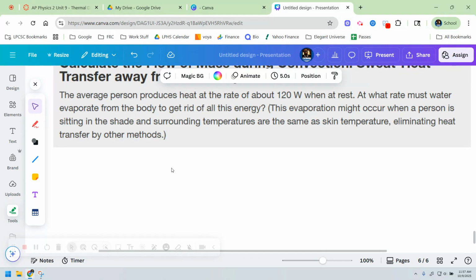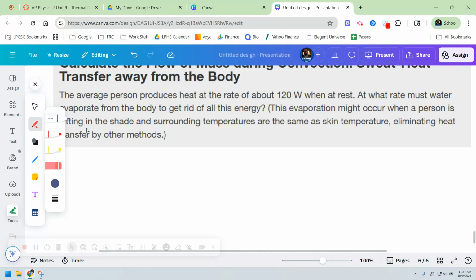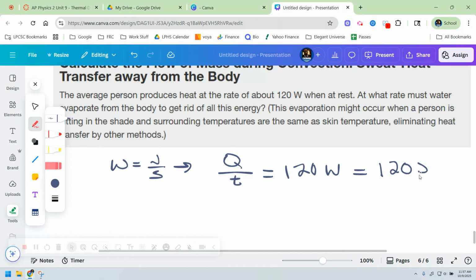Well, they give us wattage. So from there, remember that a watt is just energy, joules per second. And when we talk about heat transfer, it's going to be heat energy over time, right? We know that this has to equal 120 watts, which also equals 120 joules per 1 second.